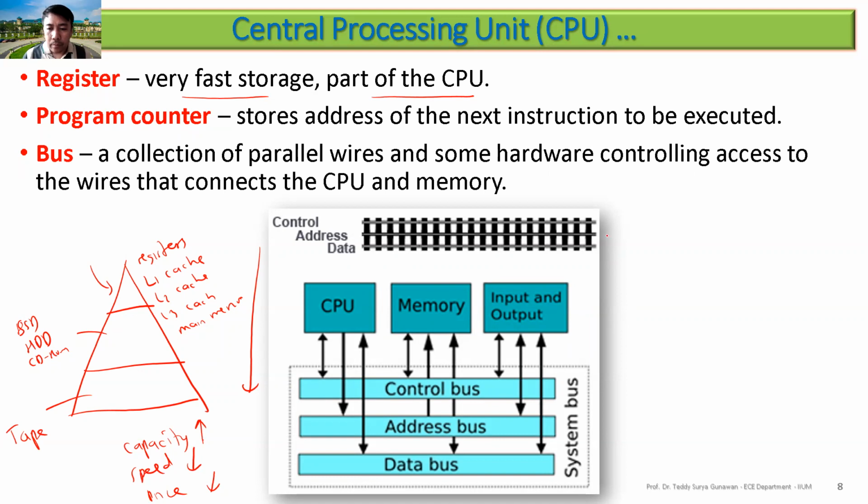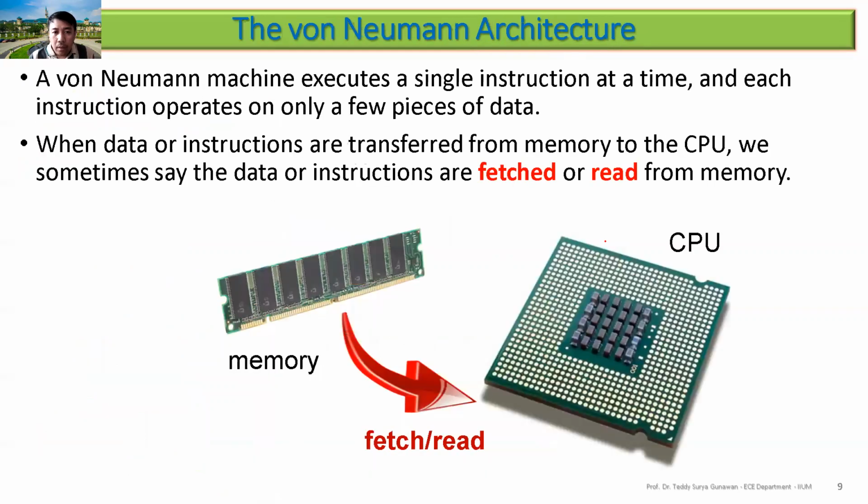So you have CPU, memory, input and output. You have control bus, address bus, and data bus here, so you can see like 3 tracks in line, for the control, address, and data bus. A von Neumann architecture executes a single instruction at a time, and each instruction operates only on a few pieces of data. The simplest example is that the von Neumann architecture is reflected in assembly language.